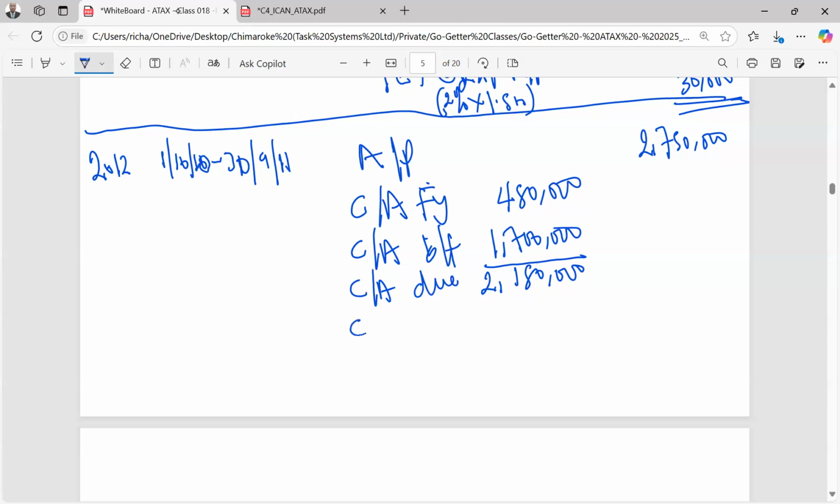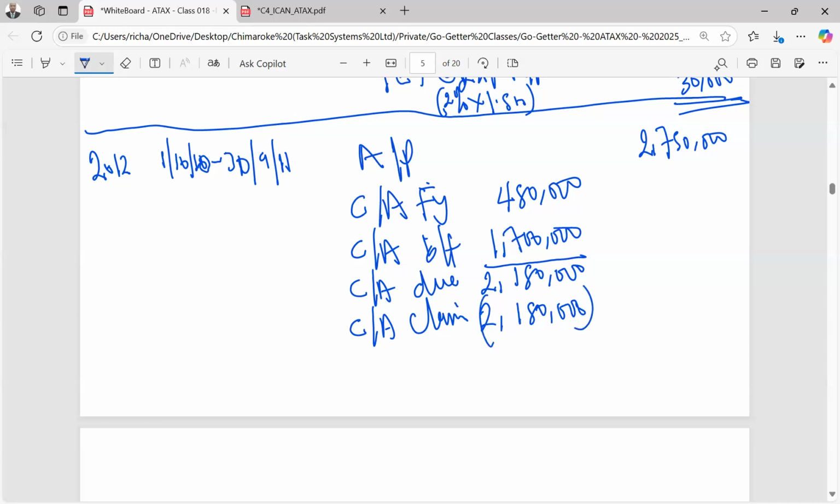So now your capital allowance claim is going to give you, we are not going to restrict. So what you'll be doing, because you're not restricting, you'll be looking at the smaller between your assessable profit and your capital allowance. Which one is smaller? The capital allowance is smaller, so you can take everything. 2,180,000.